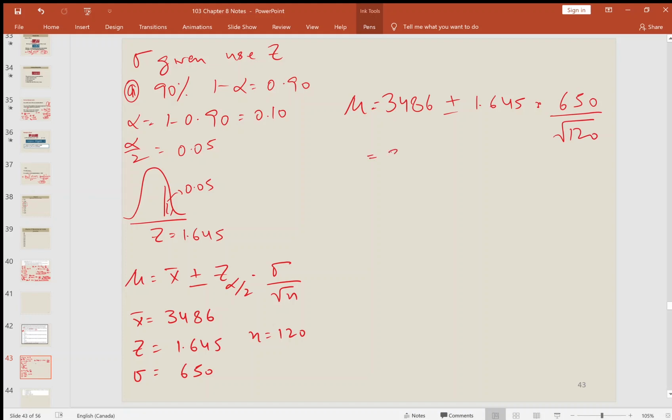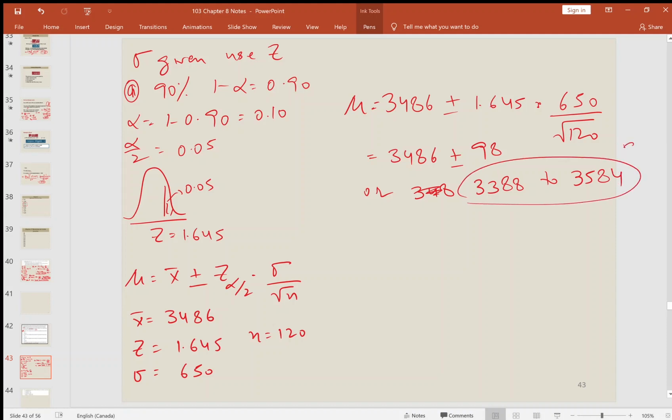If you solve this, you get 3486 plus or minus 98, or $3388 to $3584. So this is your 90% confidence interval.